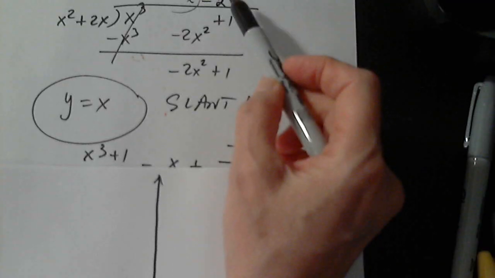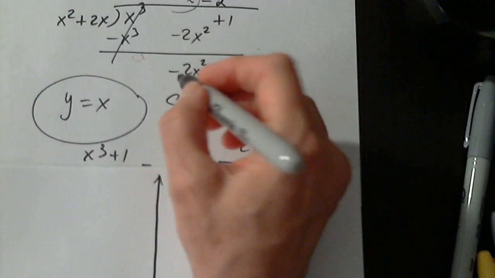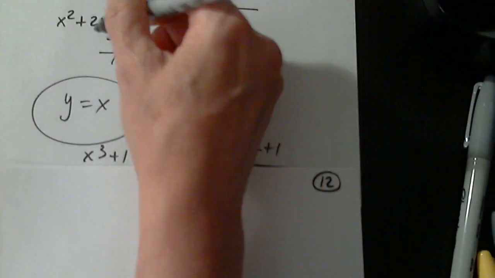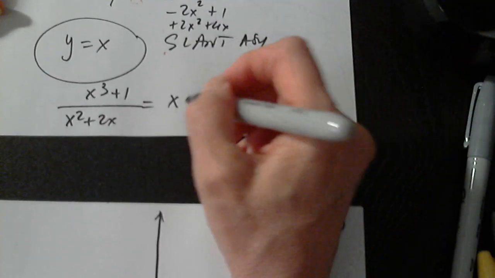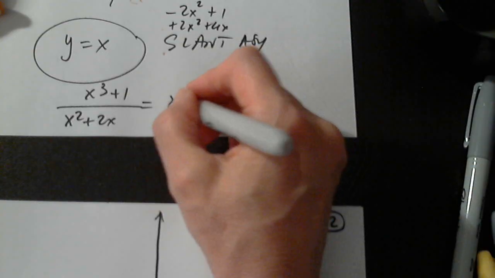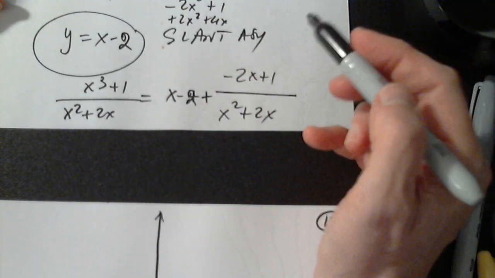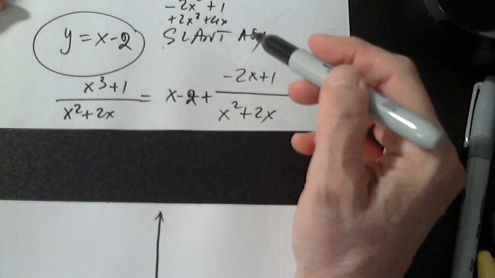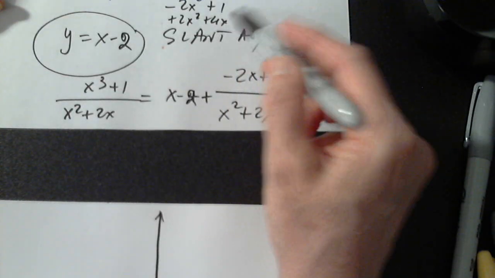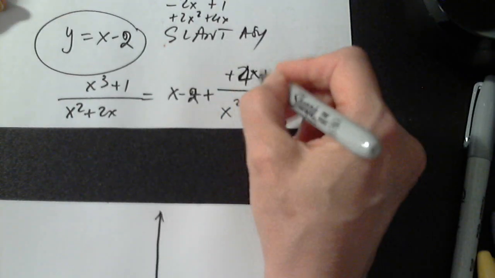That's what it was. So negative 2x squared, positive 2x squared, and minus 4x plus 4x. Got it. So this is x minus 2. And the numerator is 4x plus 1. Perfect. Sorry about that.